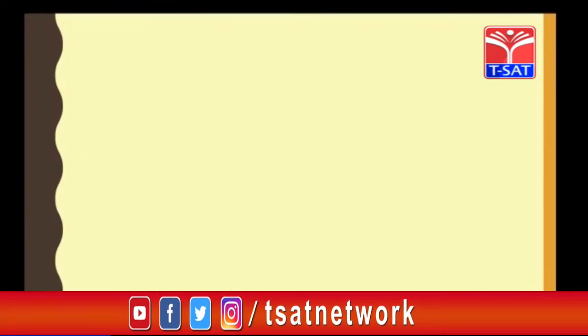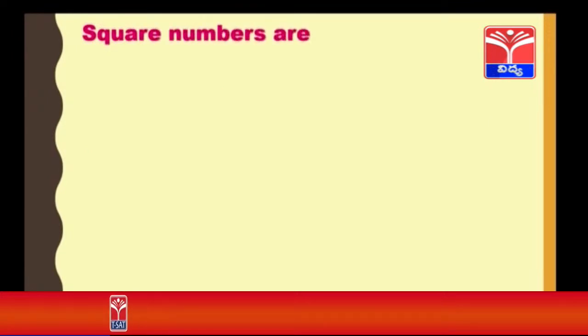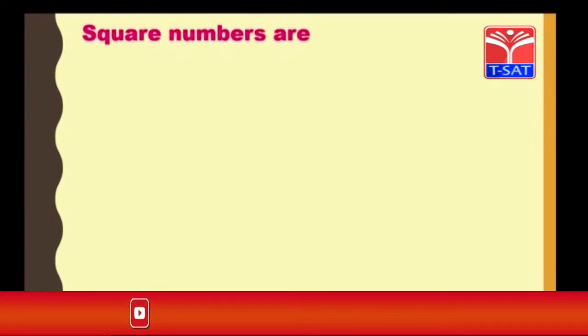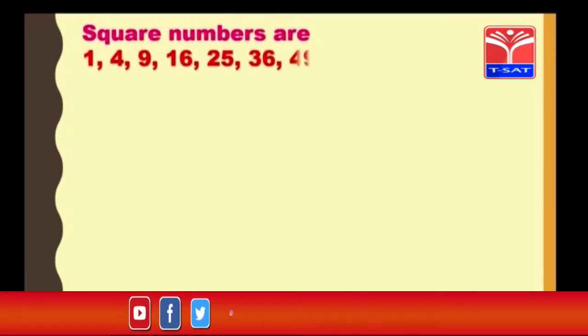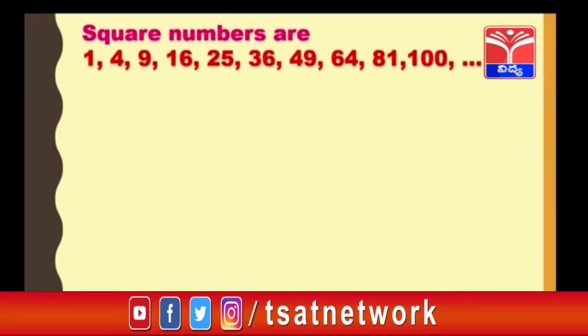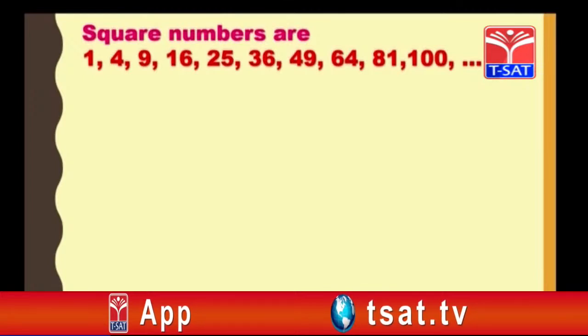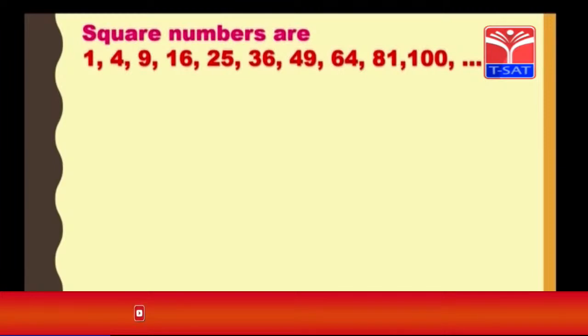First visualizing, the question is given as square of any number. So square of any number means I should take the perfect square numbers, which we all know: 1 square is 1, 2 square is 4, 3 square is 9, 4 square is 16, 5 square is 25, 6 square is 36, 7 square is 49, 8 square is 64, 9 square is 81, 10 square is 100, and so on.